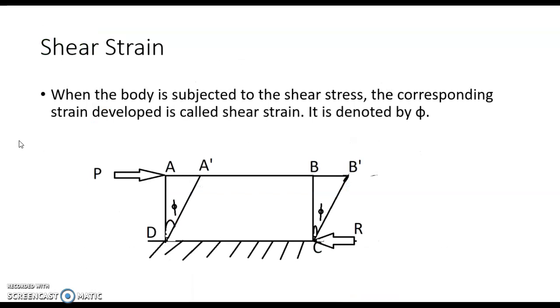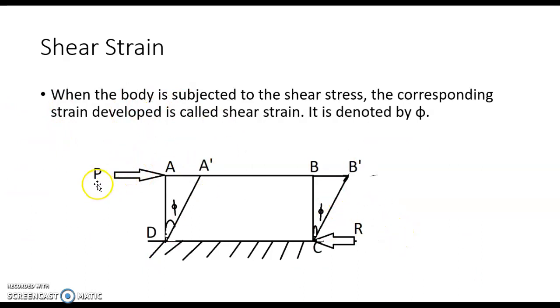Shear strain. As I told you, in shear stress the two plates undergo stress, two equal and opposite forces in different directions, and the bolt connecting them is going to shear off from its original position. If you look at this figure carefully, this DA position is going to be deflected under the applied force P, which is countered by the R force.